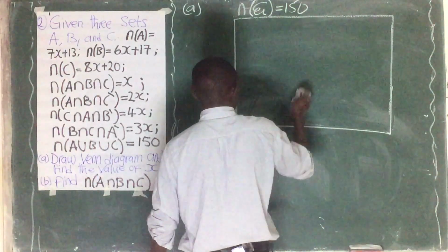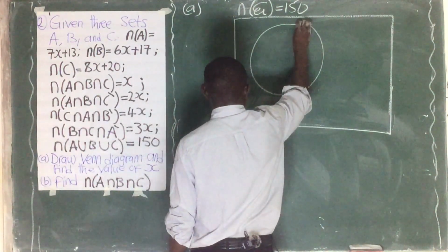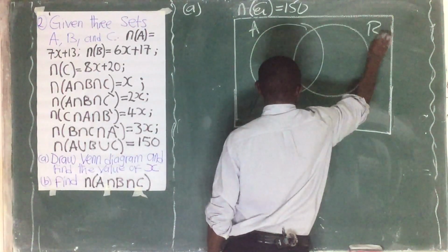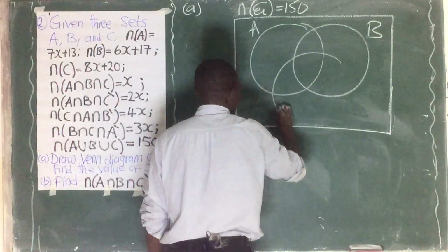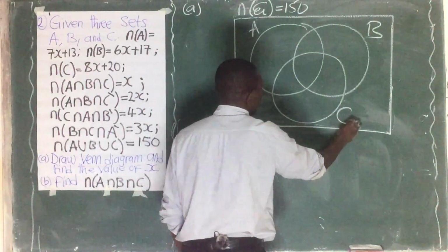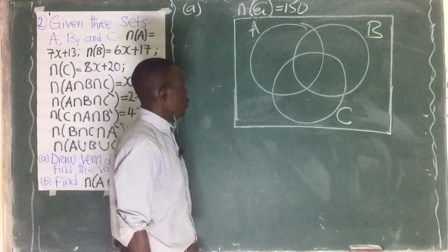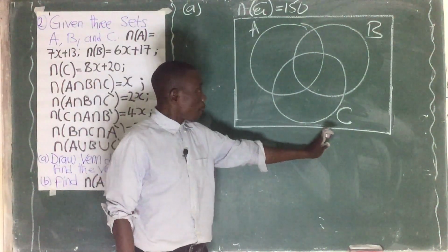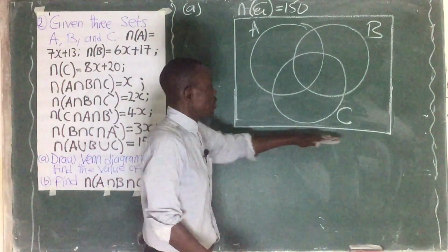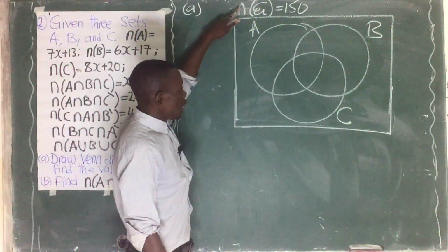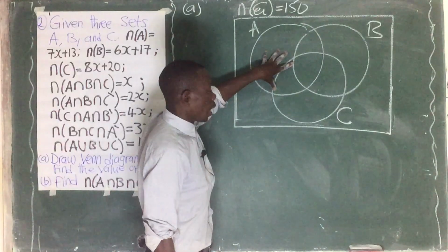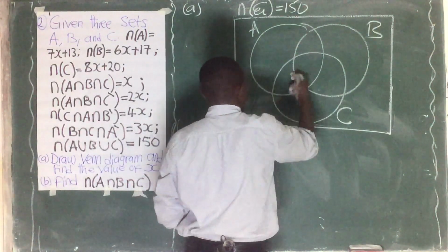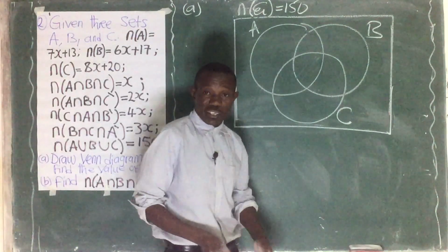If this is set A, it must intersect with set B, and that one should also intersect with another circle, circle C. I'm considering A, B, and C as subsets of the main set, which is the universal set. It means all that I have in here should be equal to 150.